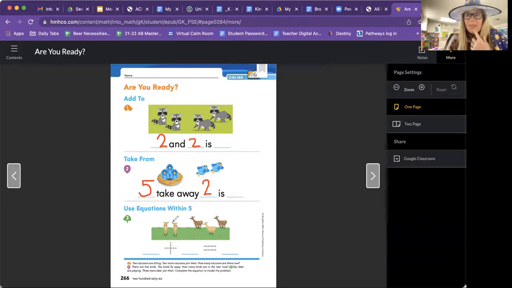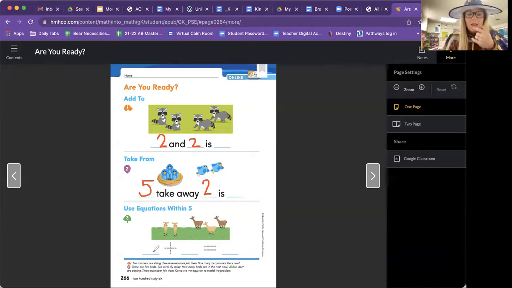Use equations within 5. Here we go. 2 deer. I love deer. 2 deer are playing. 3 more deer join them. Complete the equation to model the problem. Do you remember writing equations a couple modules ago? Yes. This looks like a T. What does that mean? It's called a plus sign and it means addition.